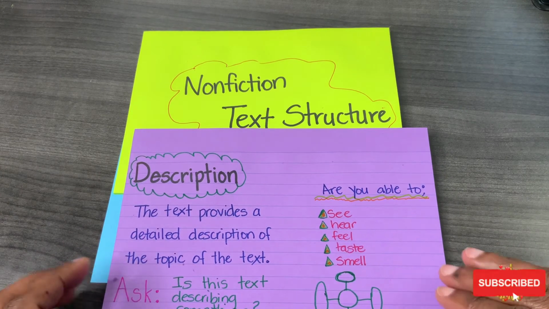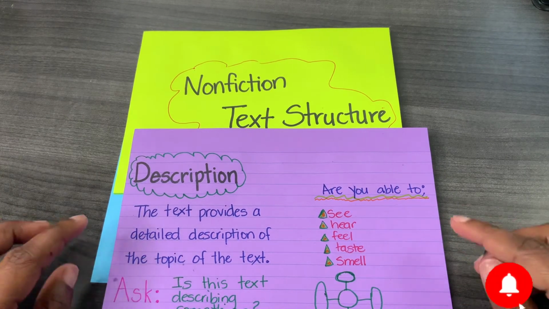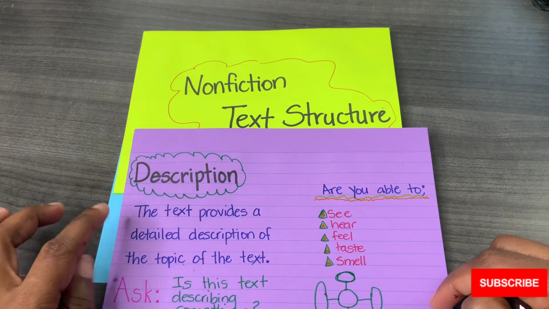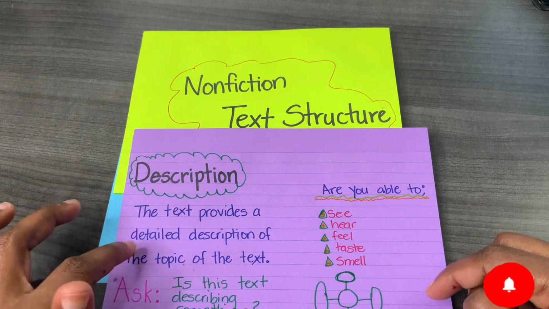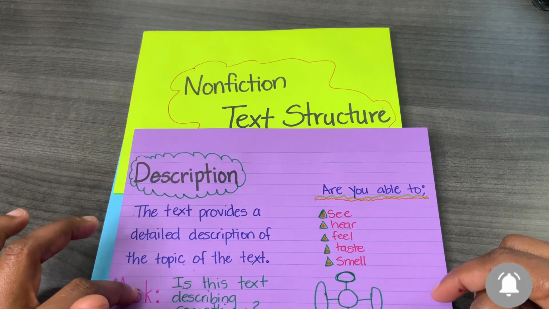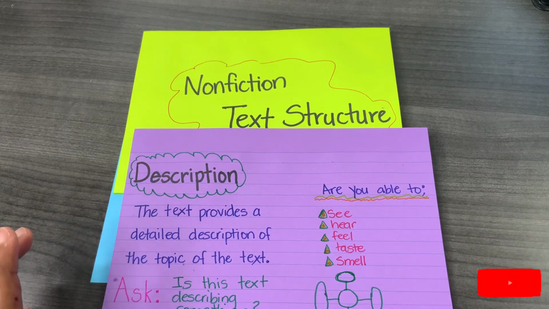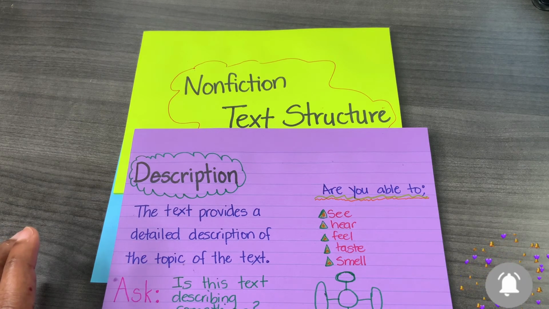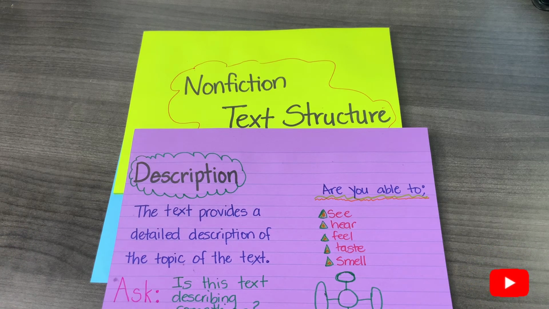Now, in a description text, you're going to find that the author is going to give you a detailed description of the topic. That means they're describing it. They are telling you what something looks like, what something sounds like, what something feels like, tastes like, smells like.